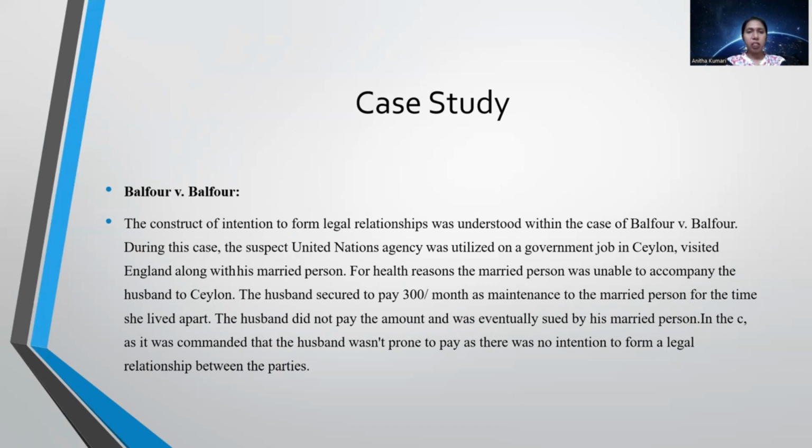But he did not give the 300 rupees. For that reason, the wife sued the husband in court. But the case favored the husband. Why? Because he had not given any written document saying that he will give her 300 every month. So the case favored the husband.